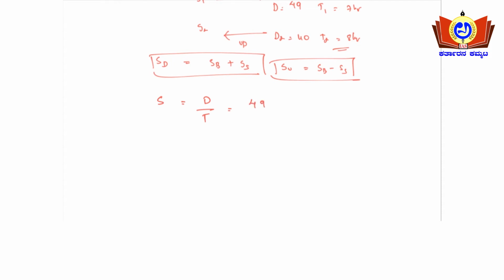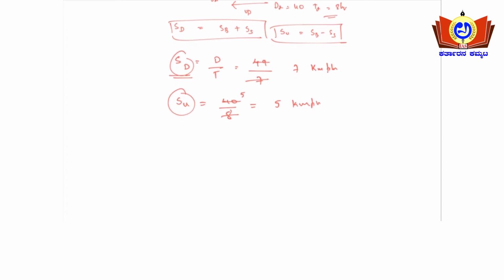So 49 upon 7, so 7 7s are 49 kilometers per hour speed in downstream. Speed in upstream will be 40 divided by 8, that is equal to 5, 8 5s are 40, so 5 kilometers per hour in upstream.